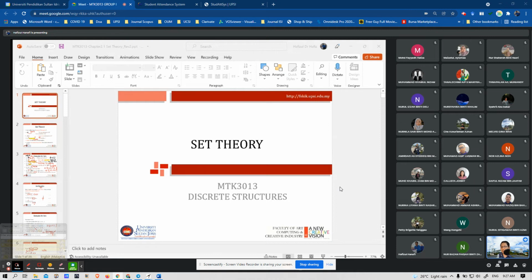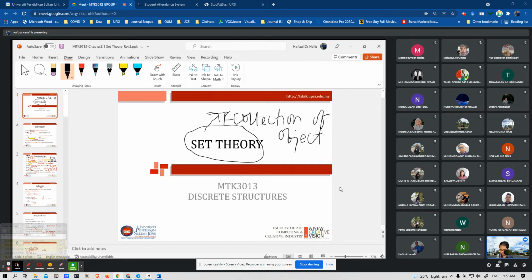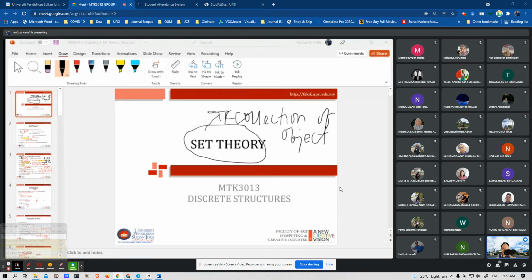Set theory is actually a branch of mathematics, a branch of mathematical logic that studies sets, which can be informally described as a collection of objects. Basically, we can describe this as a collection of objects. Objects can be collected into a set.